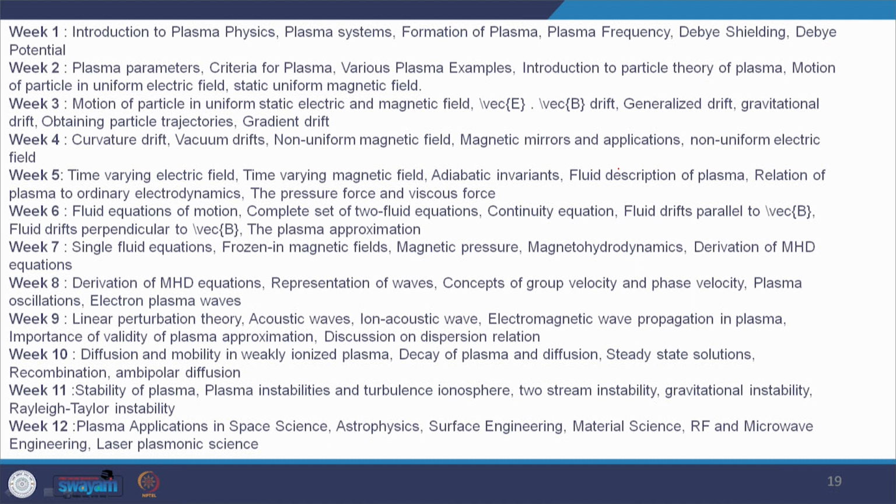Now, if you look at the course outline, basically what we have done is we have tried to understand what plasma is, how it is different, what the fundamental properties of plasma are, where we find plasma, what the favorable conditions are under which plasma can exist naturally, and if you want to produce plasma, how you can produce it. And we also tried to understand, to a brief extent, why we want to study plasma physics.